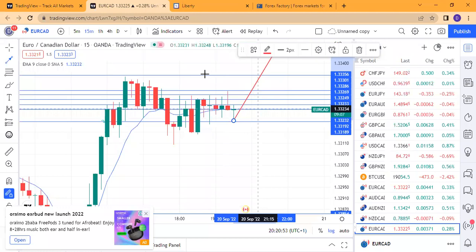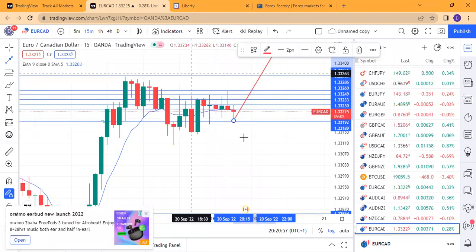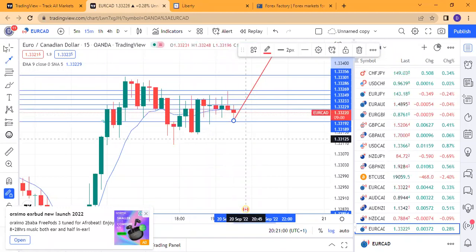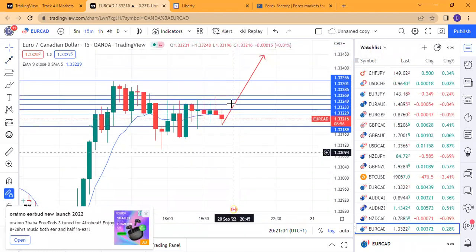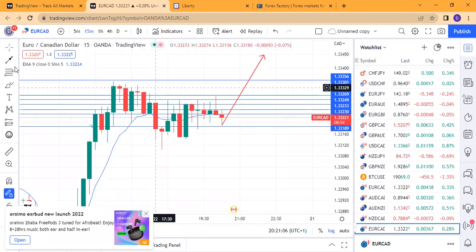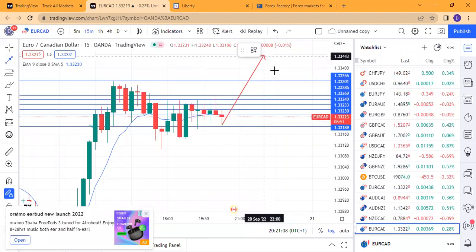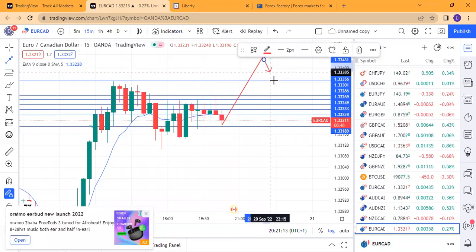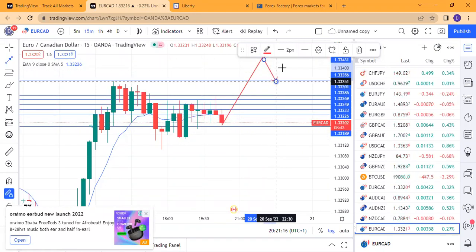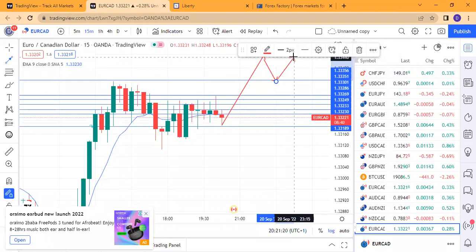This particular roof, it has not broken it. So I'm just going to be patient enough to wait for this market to break this roof, come back, and continue its momentum, as long as currency strength aligns.